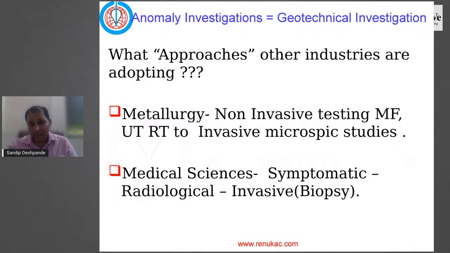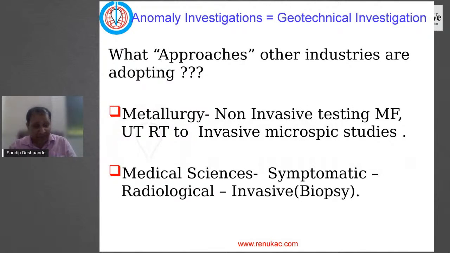If you go to metallurgy, it starts from non-invasive methods like UT and RT, and then invasive microscopic studies. If you go to the medical industry, the anomaly investigation goes from the symptomatic to radiology and then to the invasive stages.